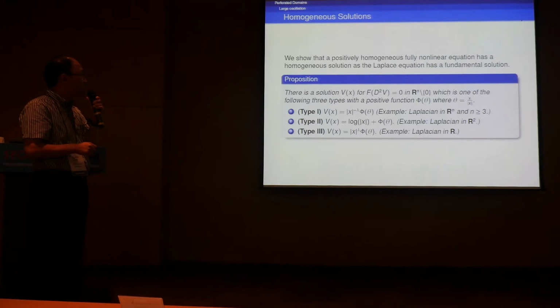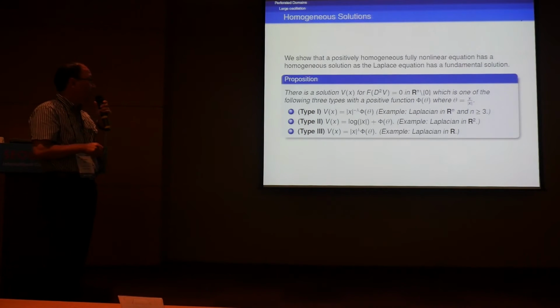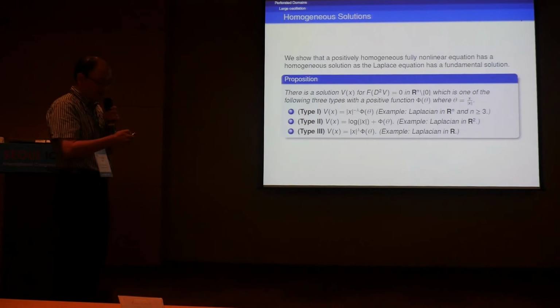For this type of operator, we have 3 types of homogeneous solutions. The first one is just like a fundamental solution in the Laplacian. The second one is like a logarithmic solution, like a 2D problem for the Laplacian. And this one is like a 1D problem for the Laplacian.